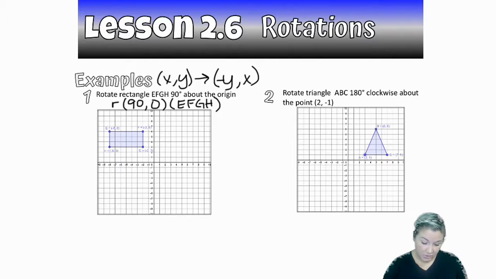So I flip the x and the y, which gives 3, -2, but then I make this -3, -2. This is G prime. I flipped the x and the y, then made the y the opposite sign. Same thing with H: I flip the x and the y, and then make the coordinate that's now the x coordinate for my new point negative.